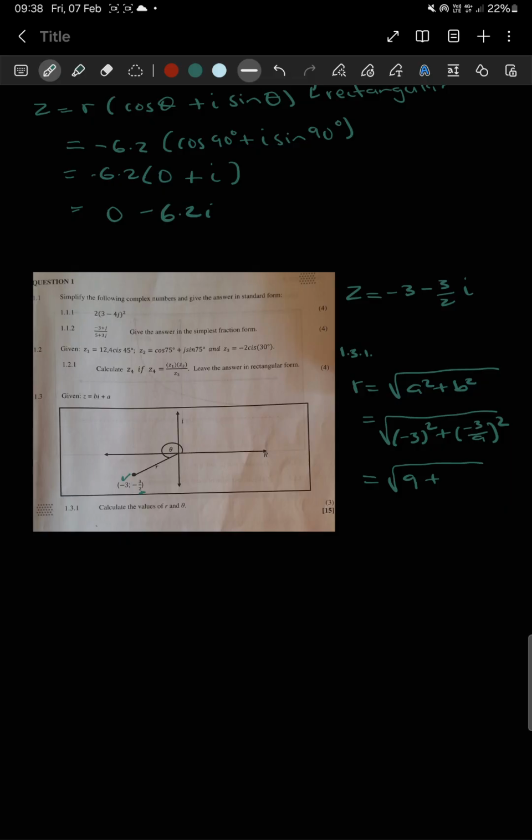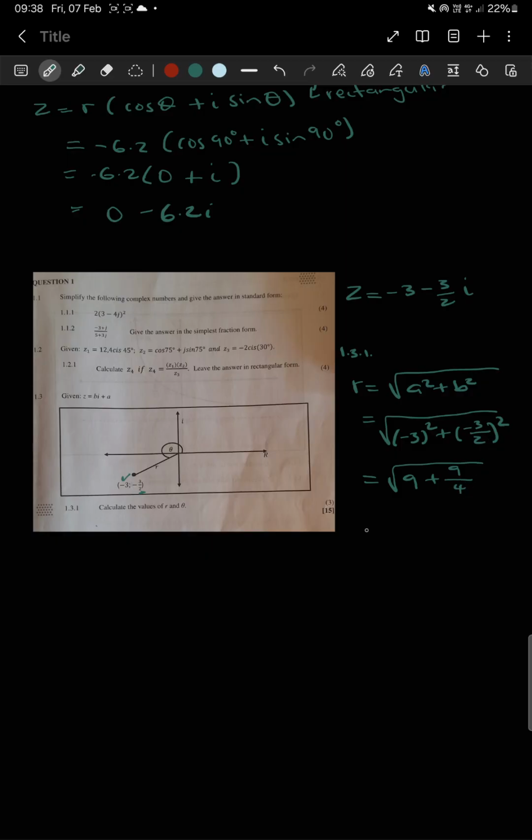I made a mistake here, my mind is thinking ahead. Let's erase this. So it's negative 3 over 2. Don't rush. Okay, negative 3 squared is 9, plus 3 squared is 9.